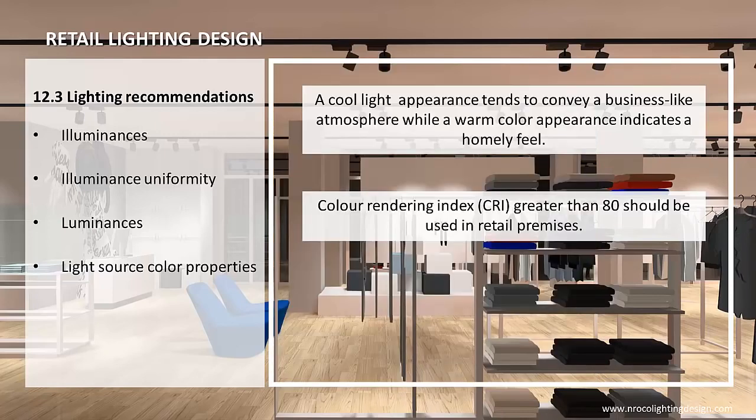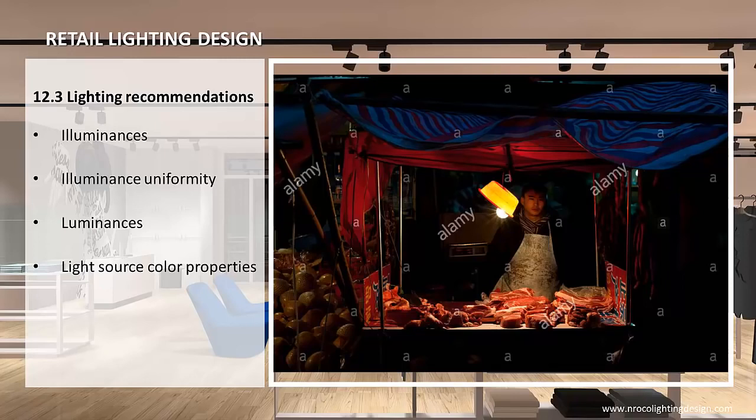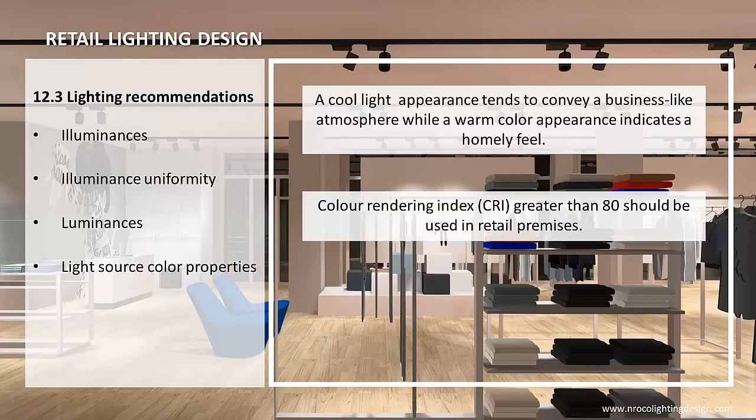For some retailers, there can be a temptation to choose a light source that enhances the appearance of the merchandise. An example is the notorious butcher's lamp, a lamp that exaggerates the redness of meat. This is a temptation that should be resisted.